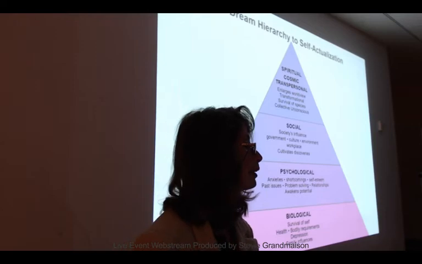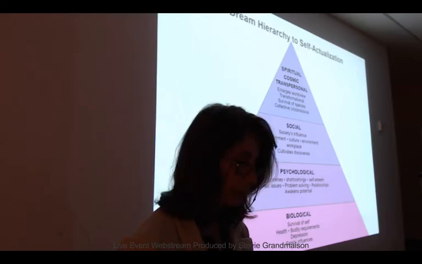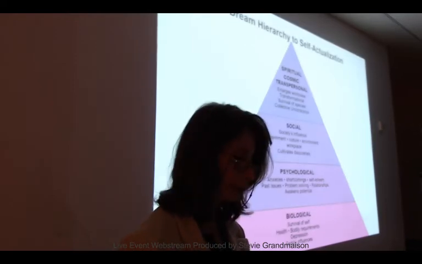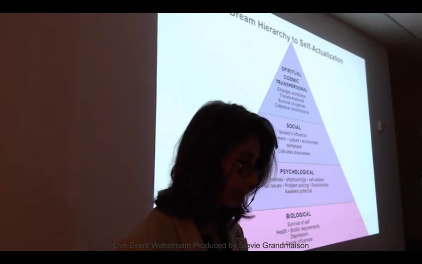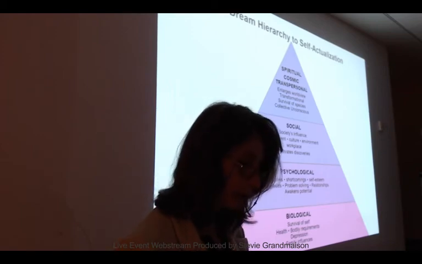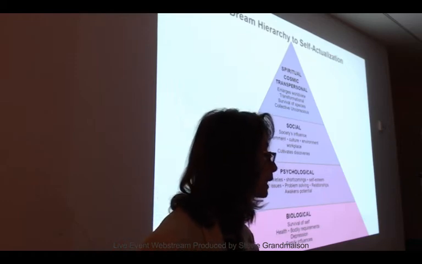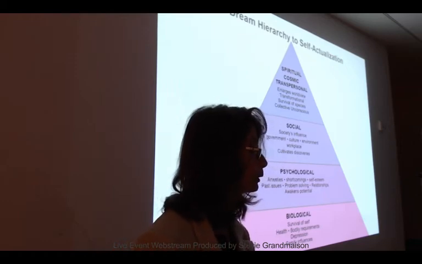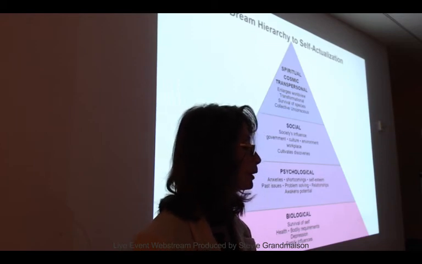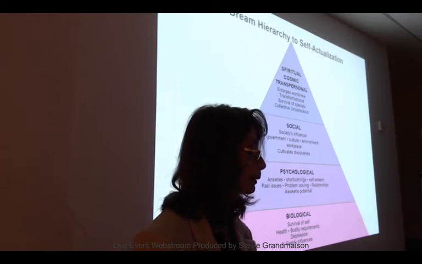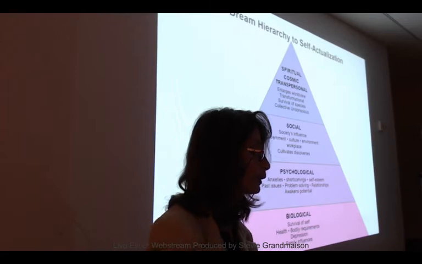This hierarchy was inspired by Maslow's hierarchy of human needs, but it also features Ullman's process from the biological to the psychological to the social and to the spiritual or transpersonal realm, which I also refer to as cosmic.